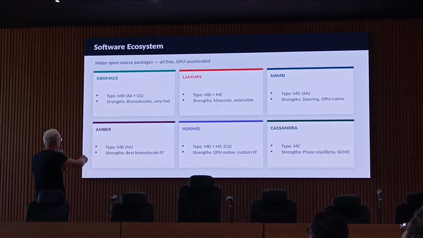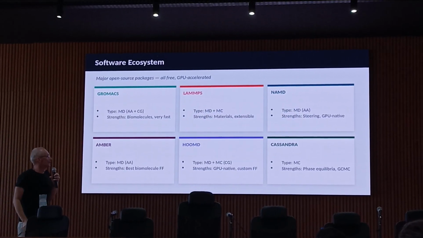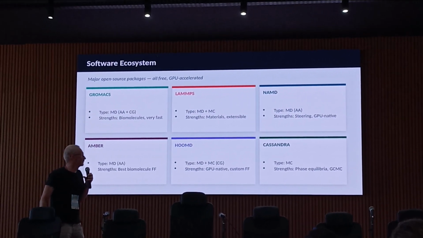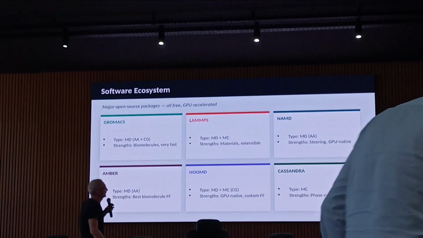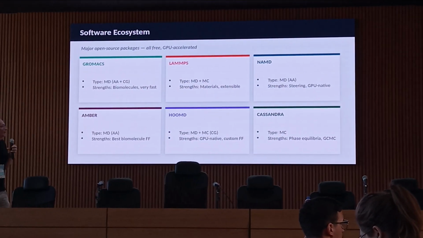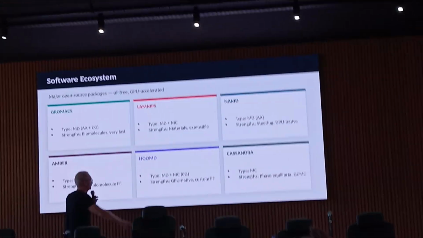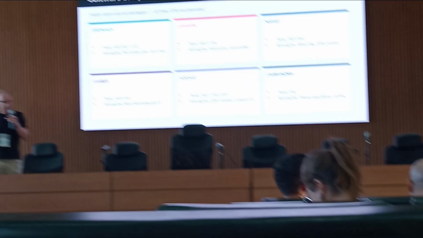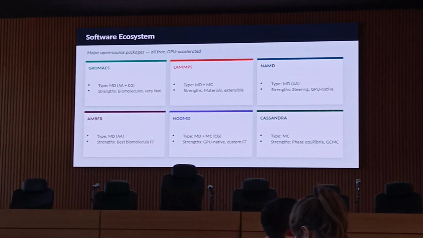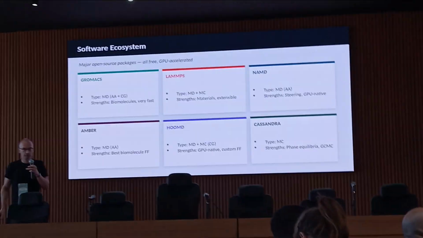So here I listed a few very popular ones, GROMACS and LAMMPS for molecular simulations. GROMACS is for biology, LAMMPS is for more soft matter chemistry, I would say, material science. And HOOMD is a super fast GPU native system which can do molecular dynamics and also Monte Carlo. AMBER is also for biomolecules.